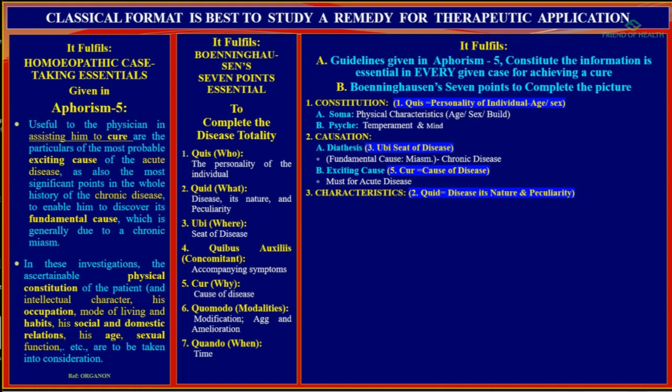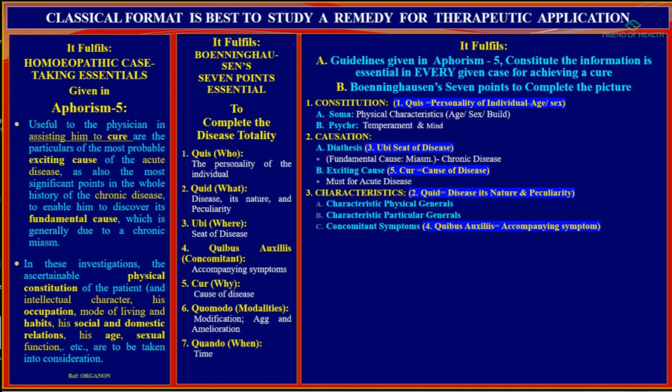Now we come to the third heading, that is the characteristic symptoms, which tells us about point 2, quid, of Boenninghausen, disease, its nature and peculiarity. It includes characteristic physical generals, characteristic particular generals, and concomitant symptoms.